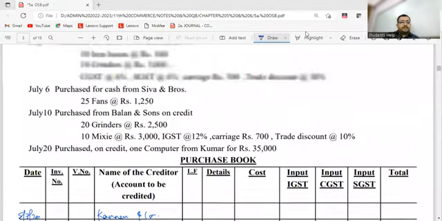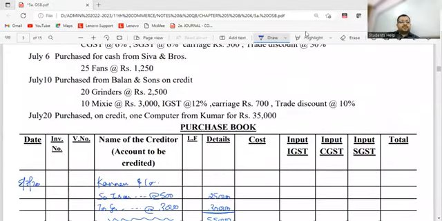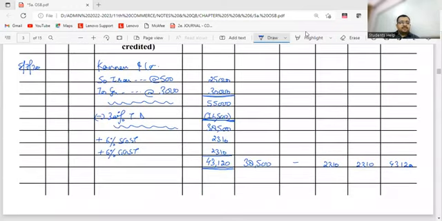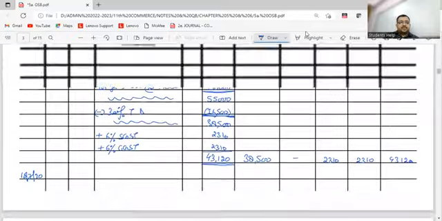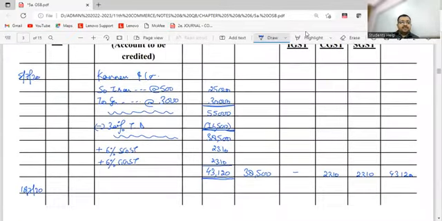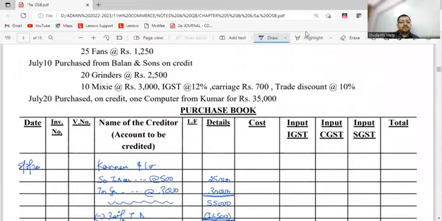Let's proceed further. The second transaction which we are supposed to record, children, is on July 10th. So 10th July 2020. It splits up to the next page, children. 20 grinders at the rate of 2,500, bought from whom, children?